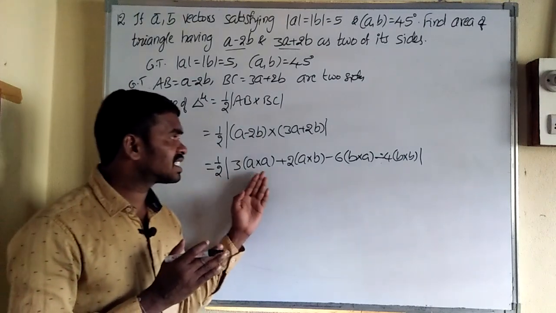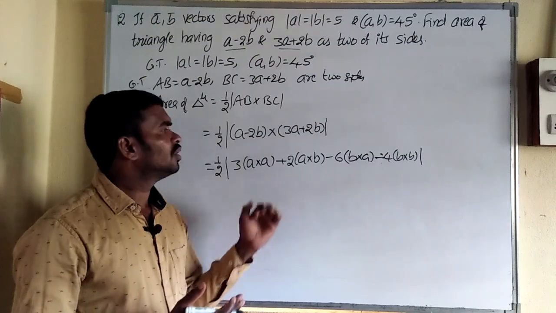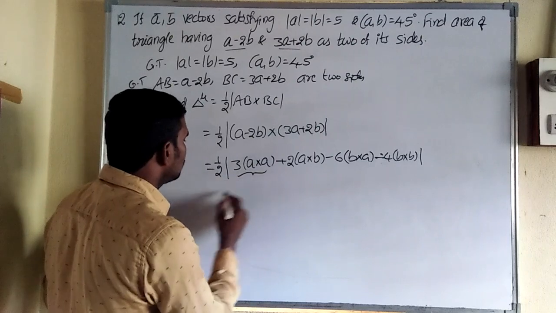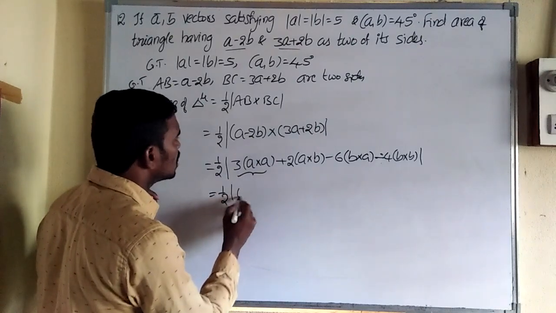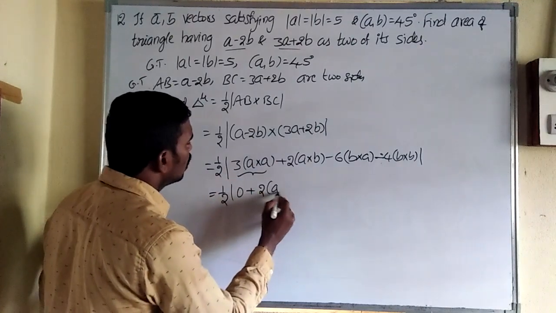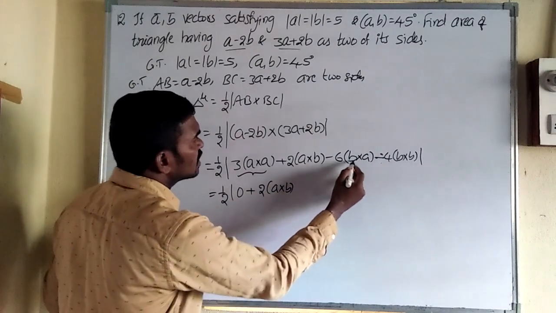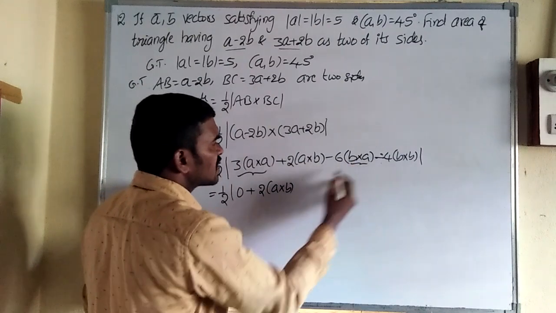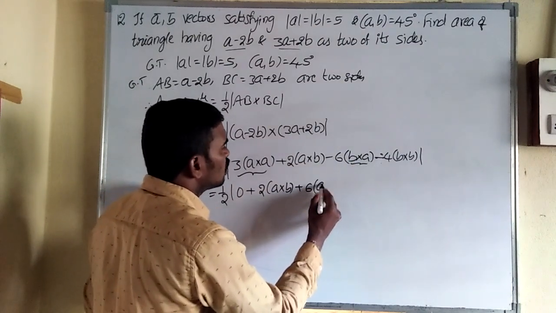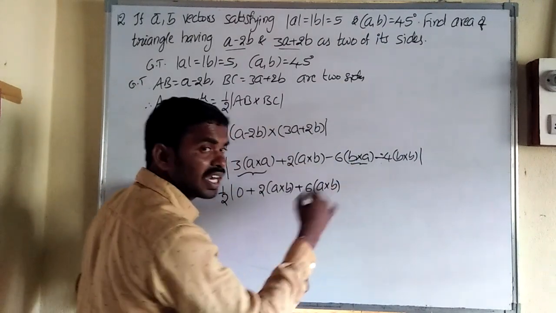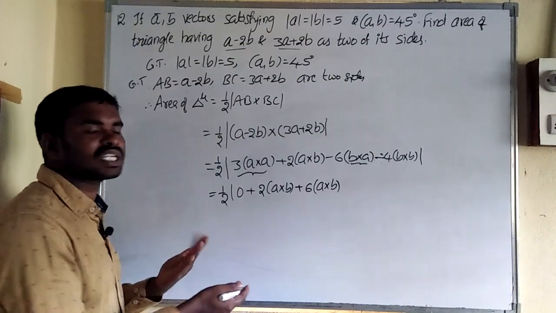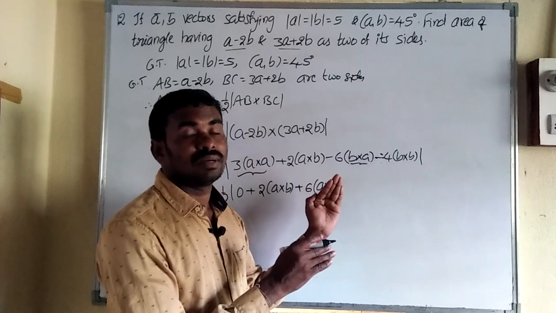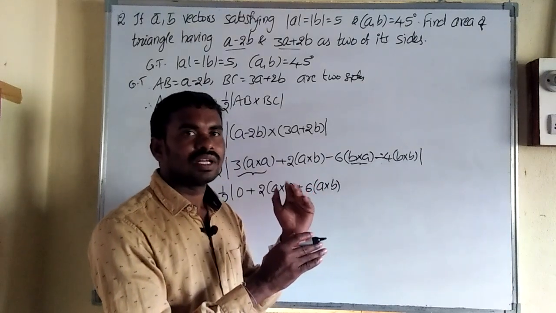Similarly, a cross a is 0, b cross b is 0. So this becomes 0. So 1 by 2 into modulus of 0 plus 2 into a cross b. See here, this is b cross a, so that's why I'm writing minus b cross a becomes 6 into plus a cross b. If you change the direction, plus becomes minus, minus becomes plus, only in cross product. But in dot products, there is no change.